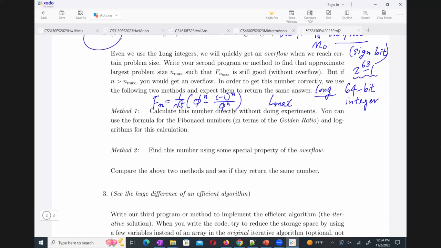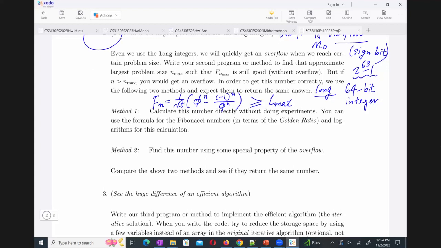Here, we need to solve this inequality: for what n does the Fibonacci formula return an integer that is barely greater than this largest long integer? Barely greater than that.